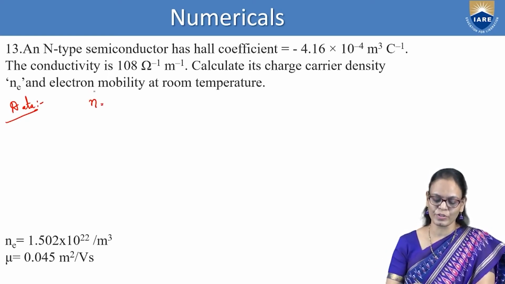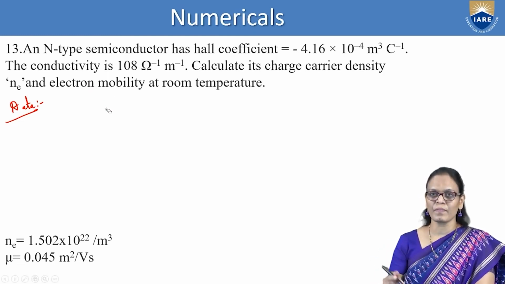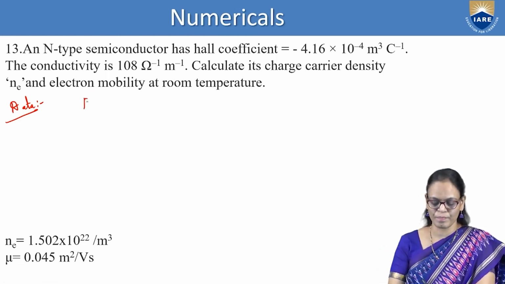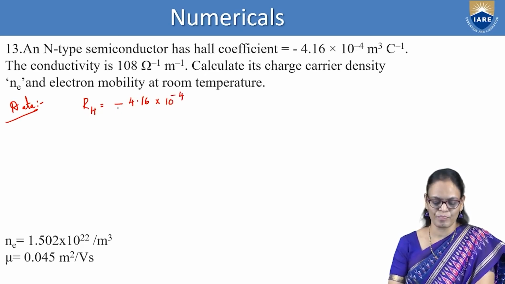n is equal to, we'll have to find the value of n, calculate the value of charge carrier density. Given is the Hall coefficient, R H is minus 4.16 into 10 power minus 4. Conductivity sigma is 108 per ohm meter.